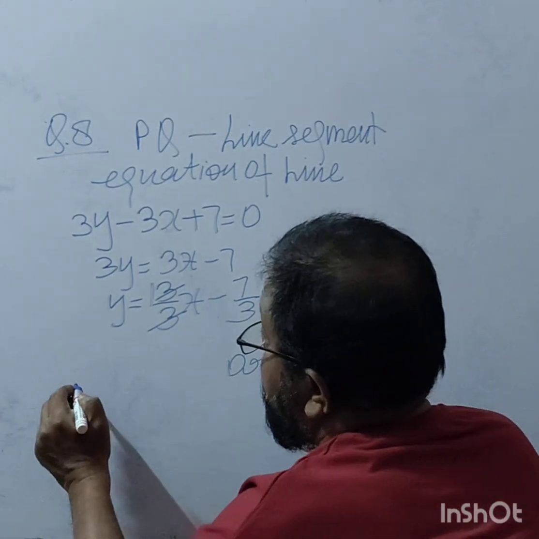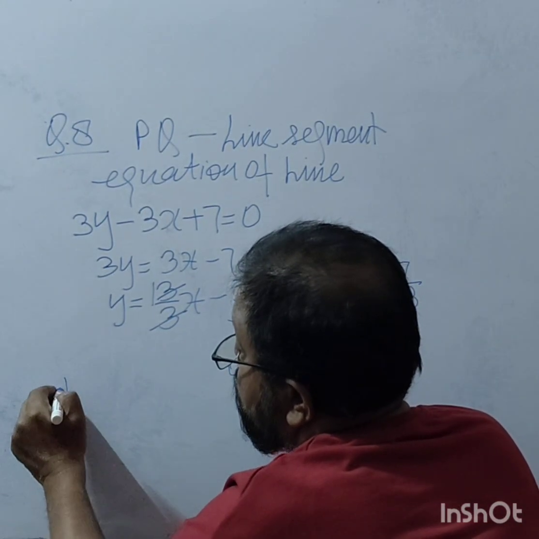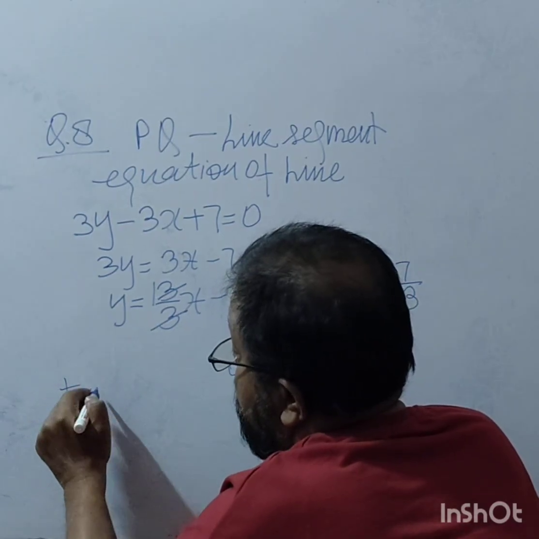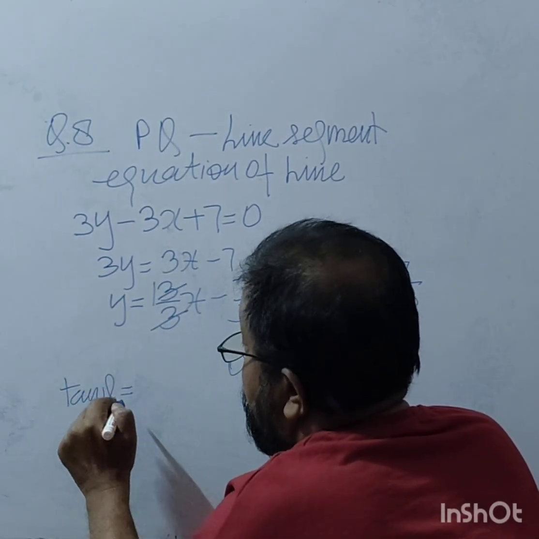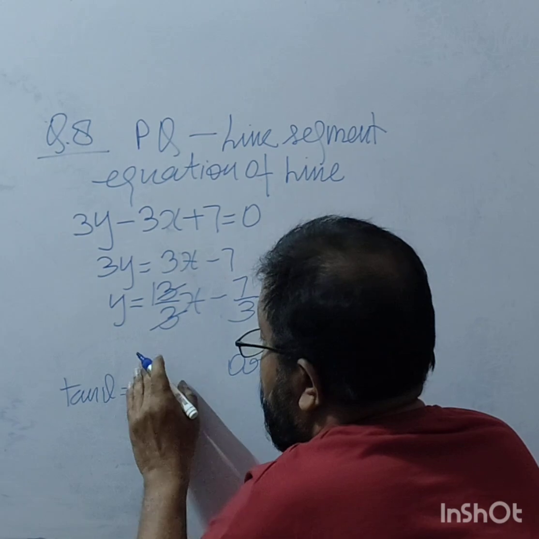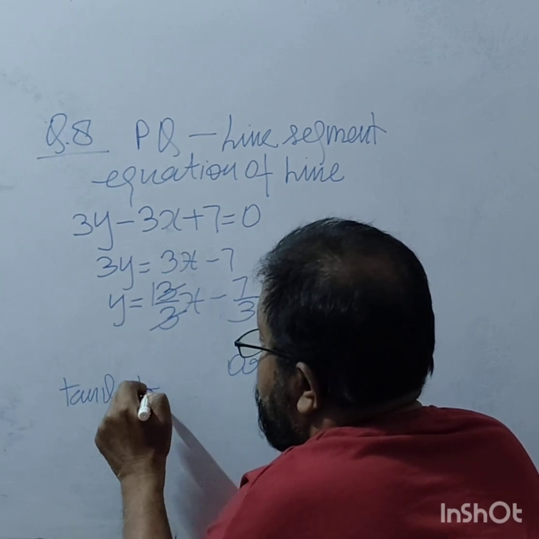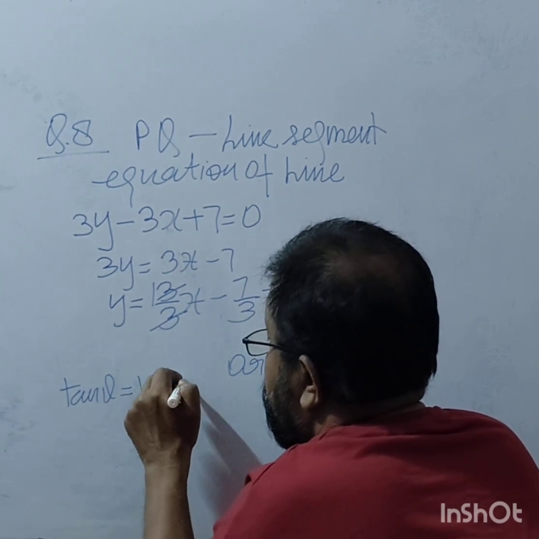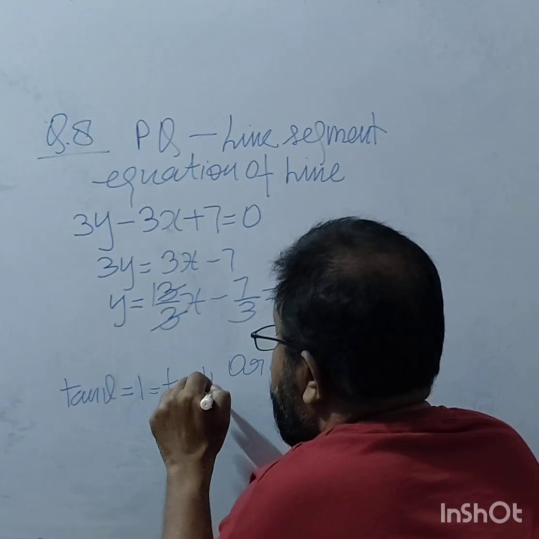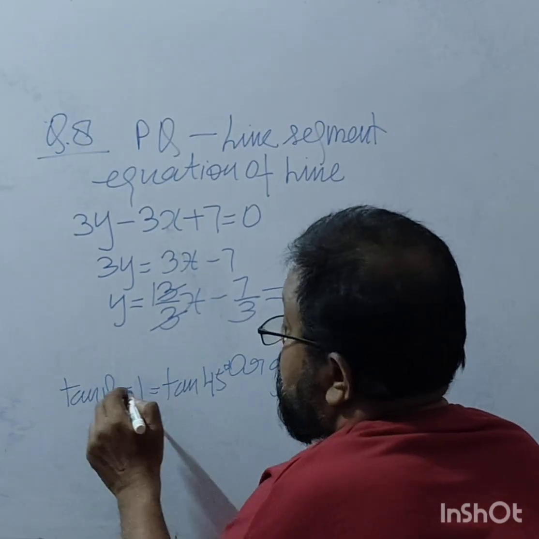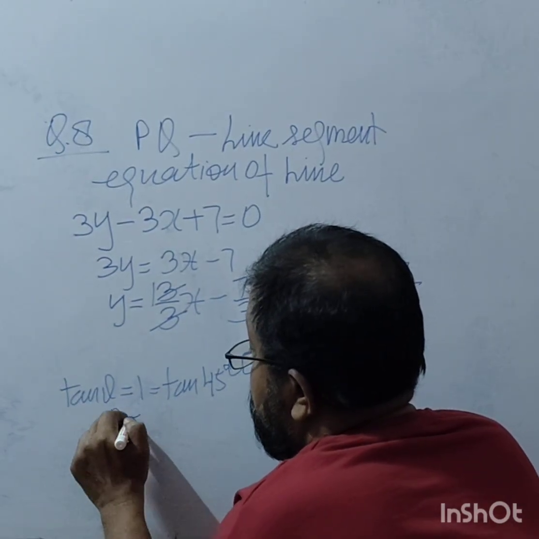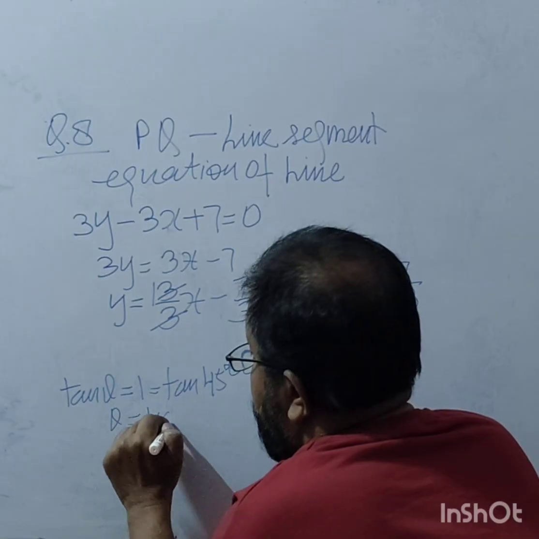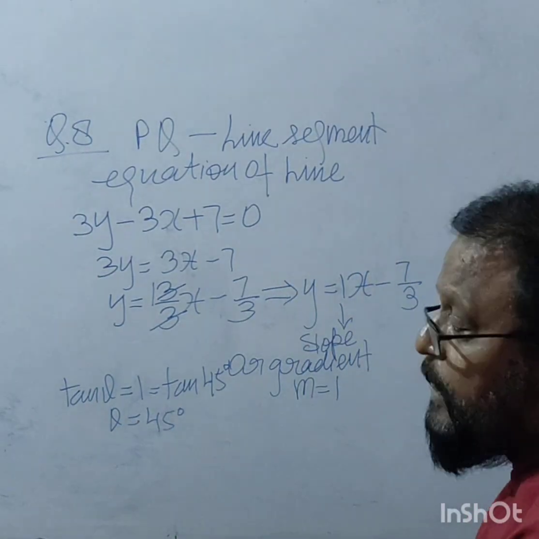So tan theta is equal to 1, which is equal to tan 45 degrees. So theta becomes 45 degrees, right?